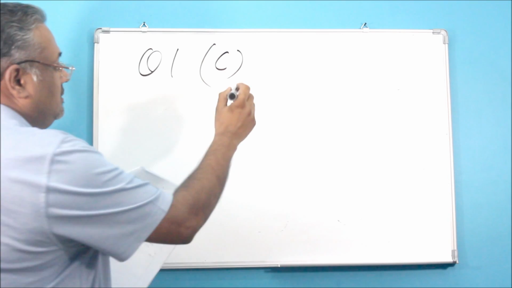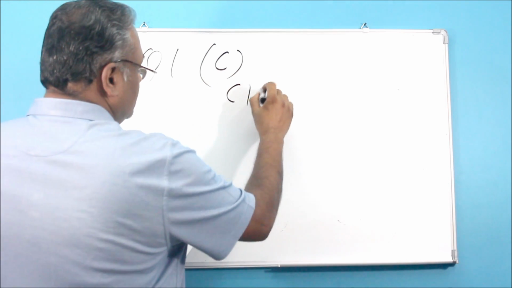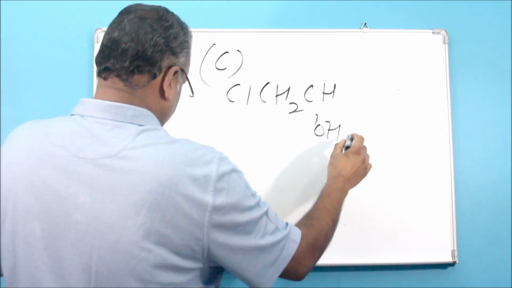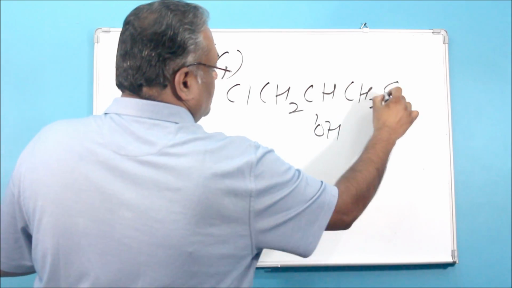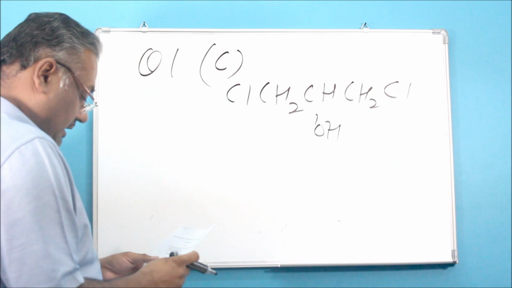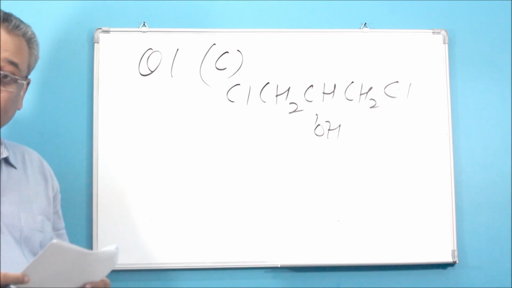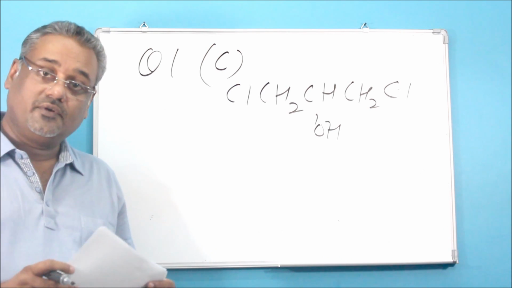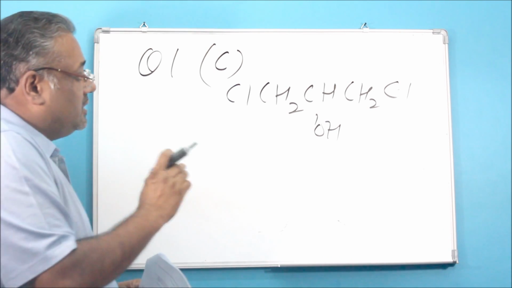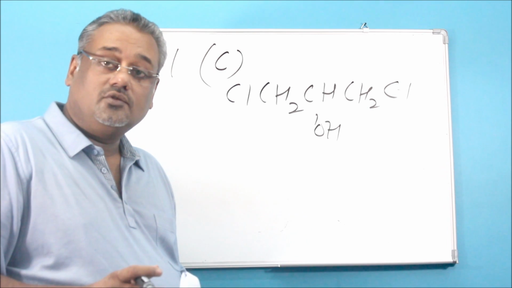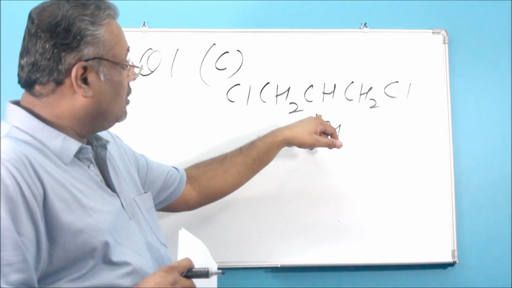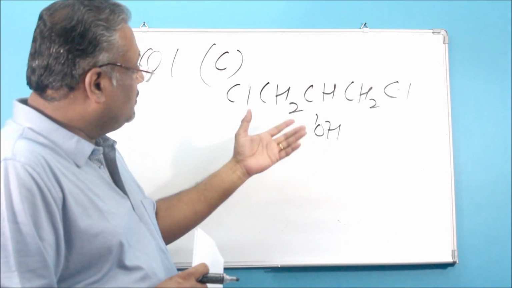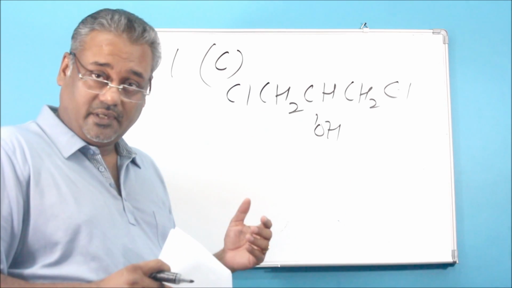The compound given is Cl CH2 CHOH CH2Cl. And the question says, what will be produced when this compound reacts with concentrated sulfuric acid? If you look at concentrated sulfuric acid, you might remember in the alcohol lesson the concept of dehydration. So that means you have to remove the H and the OH.